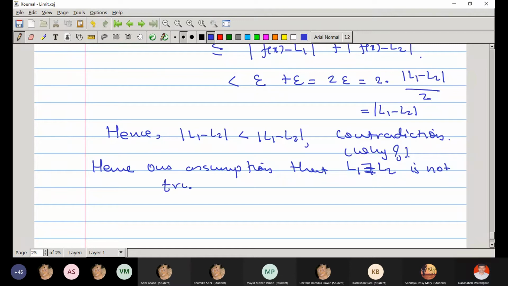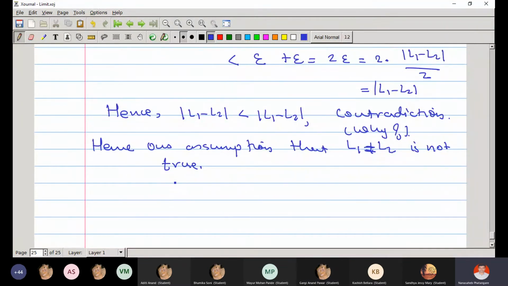We assumed that L1 is not equal to L2, and that leads us to a contradictory thing, so it is not true.